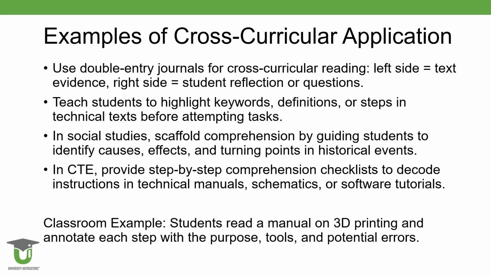And in CTE, provide step-by-step checklists to help students decode instructions in technical manuals, schematics, or software tutorials. For example, students reading a manual on 3D printing can annotate each step with its purpose, required tools, and potential errors. These strategies help students actively process information, connect ideas, and apply comprehension skills in multiple content areas.